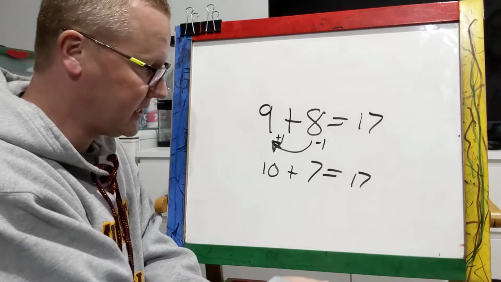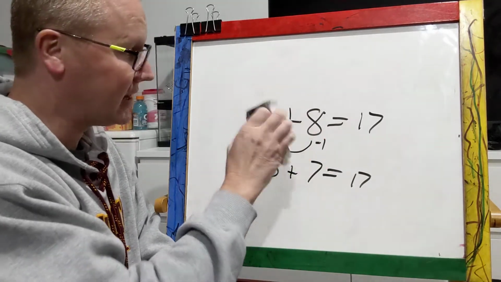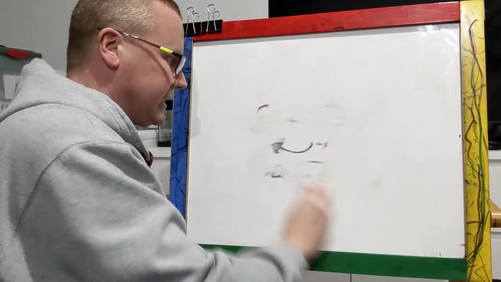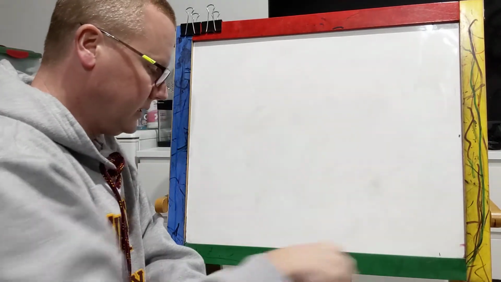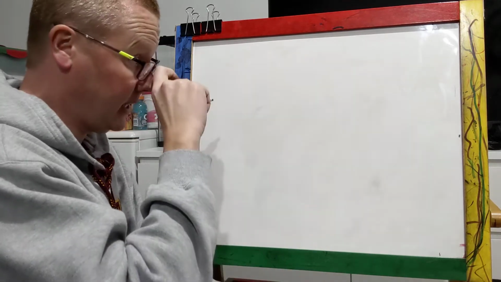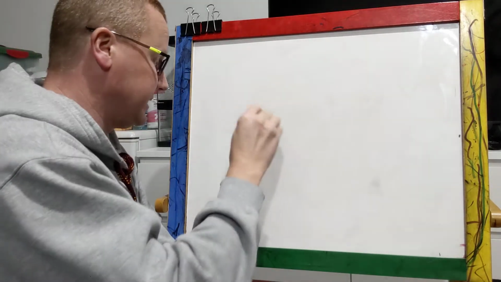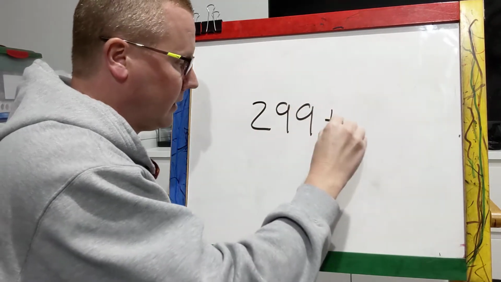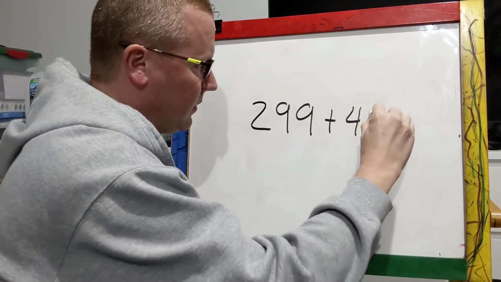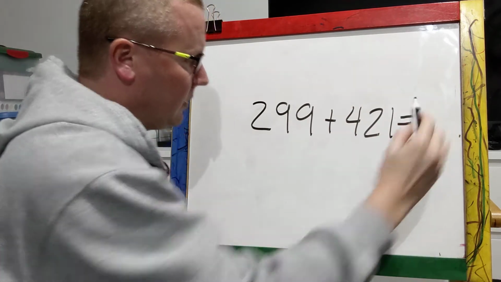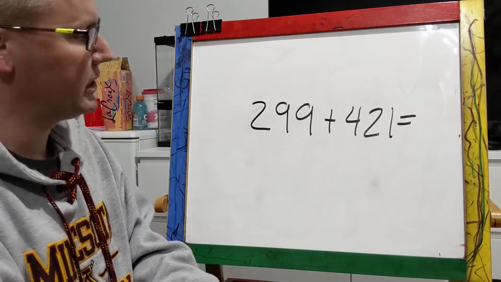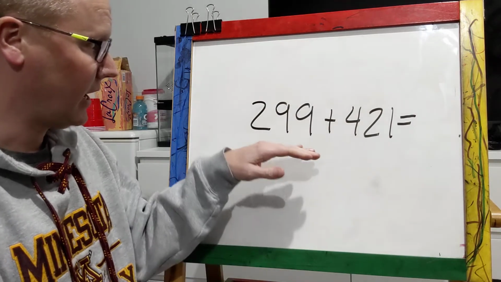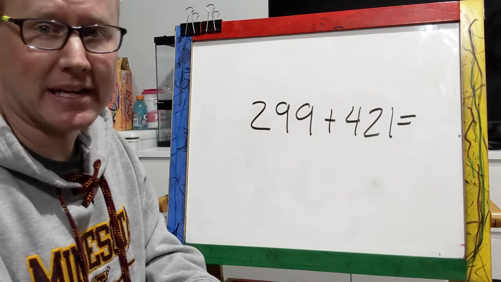And this is a real simple version. We're going to try a harder one here. A lot of you guys do this without even realizing it. Let's look at our next example here. So my next example would be 299 plus 421. Again, this is a great example to use my give and take.